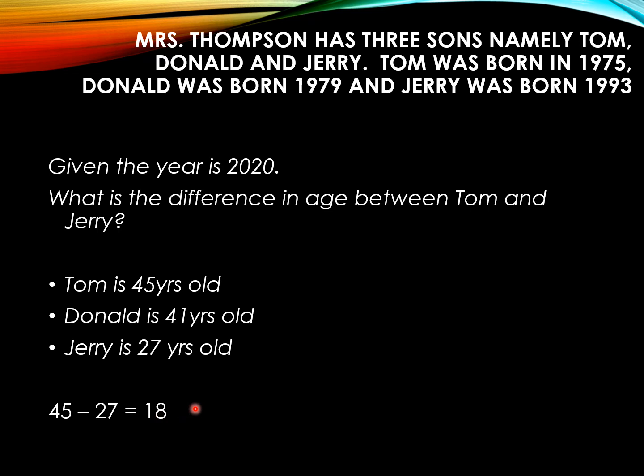Good. You can work that out if you wish and see if you get the same answer. But what I want you to take away from here is the meaning of difference and how it is used in a mathematical context.